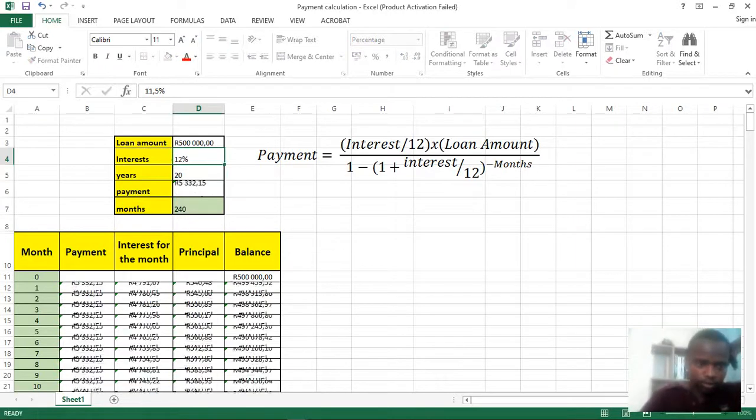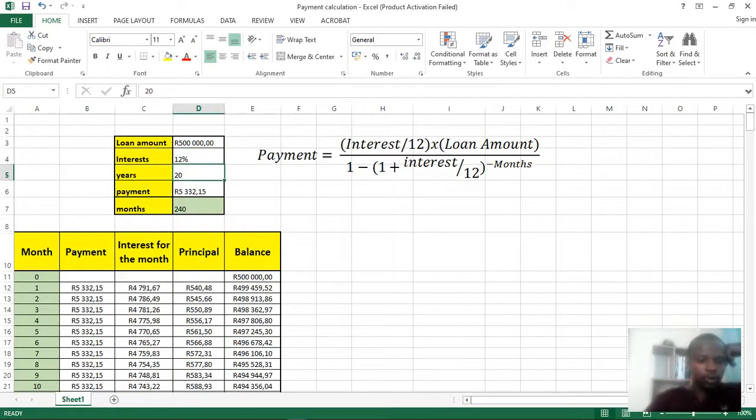Yeah, that one. So if your interest rate is 12% or 11.5%, that's how much you'll be paying every month. But I'll just leave it at 12%.